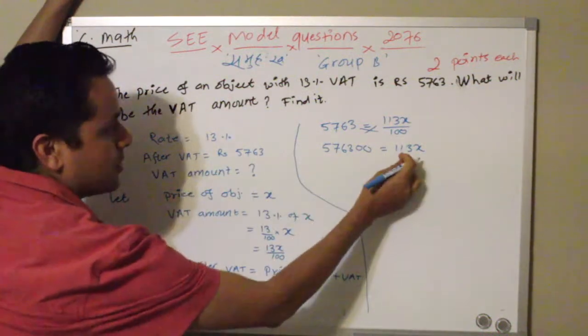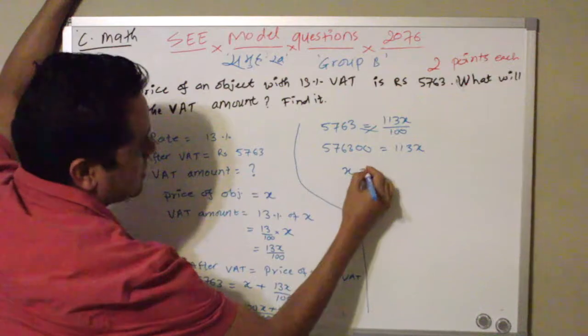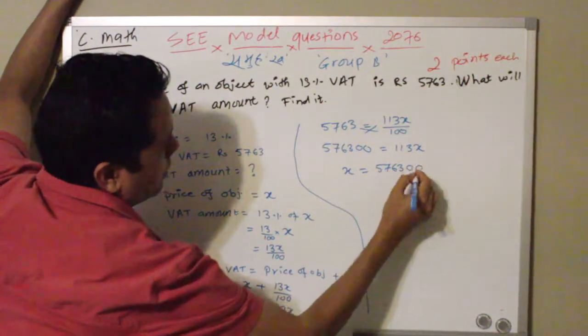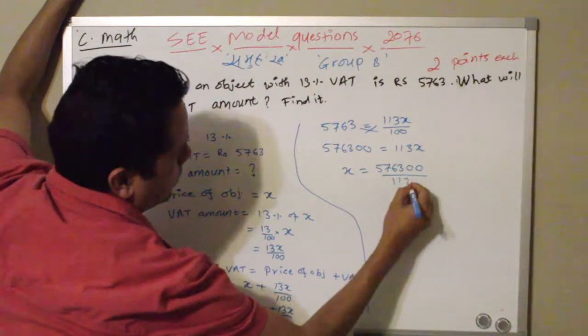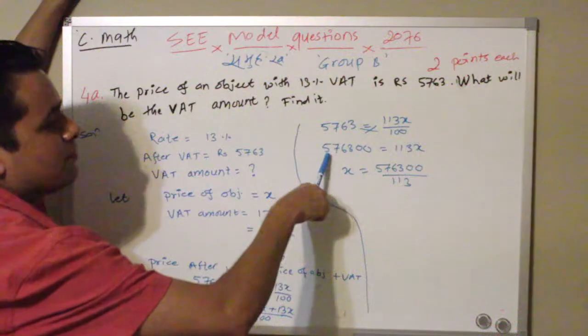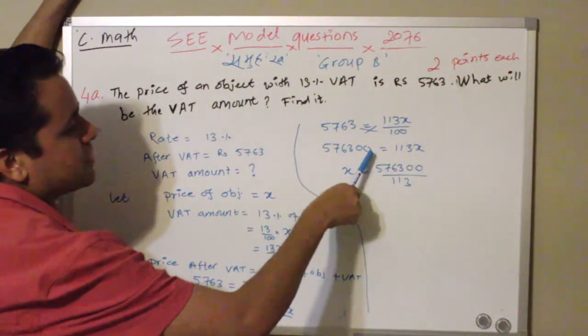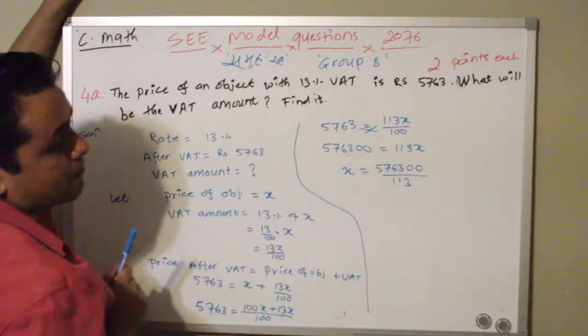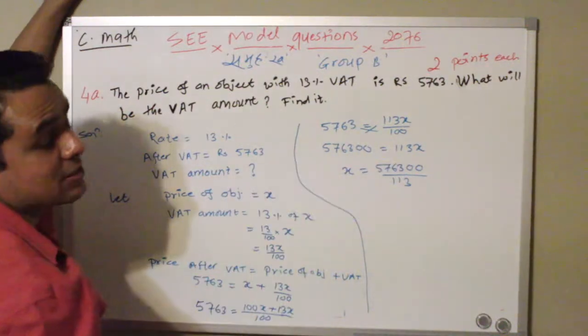You can just say this goes down, so x equals 576,300 over 113. How they say in the United States is, dividing both sides by 113, because 113 and 113 cancel out.